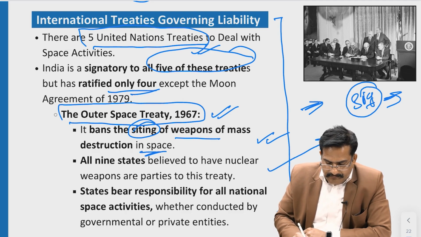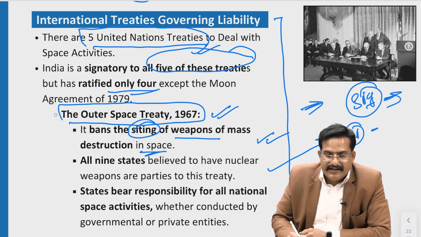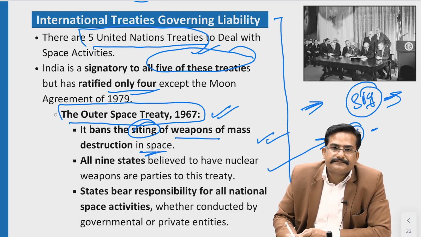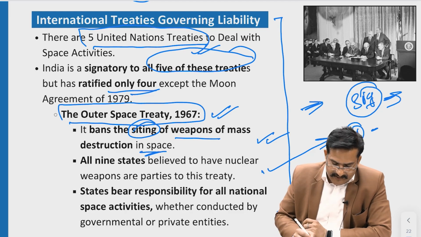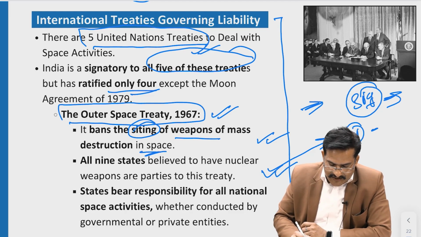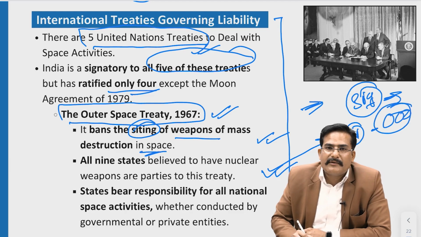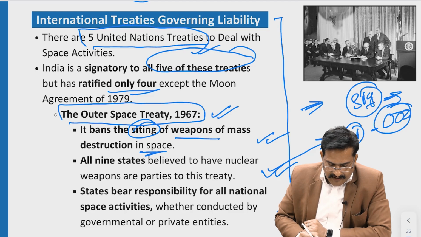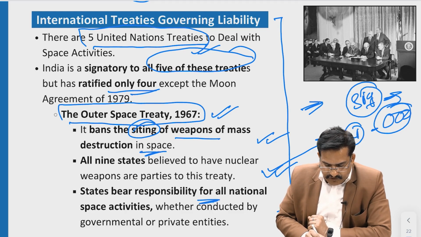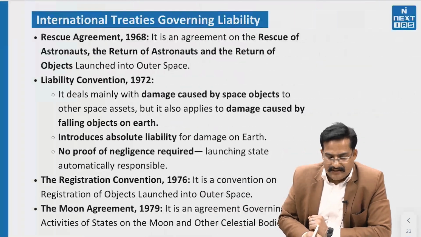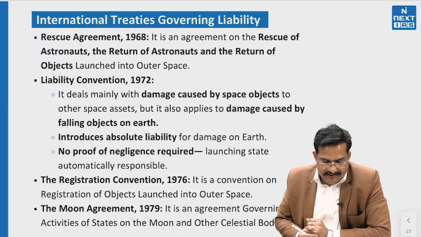And the majority of nuclear states, for example India, China, Russia, USA, etc., are capable of carrying nuclear weapons, but we are restricted from sending nuclear weapons into outer space. Also, states bear responsibility for all national space activities, whether conducted by the government or private entities, under this treaty.